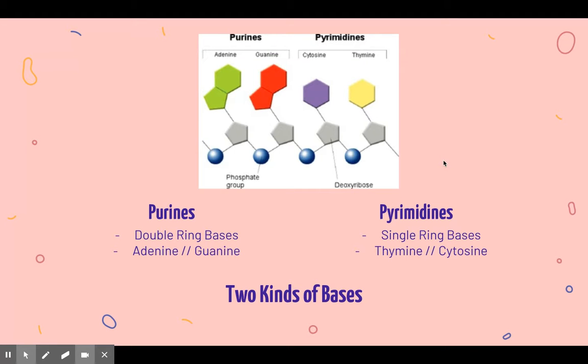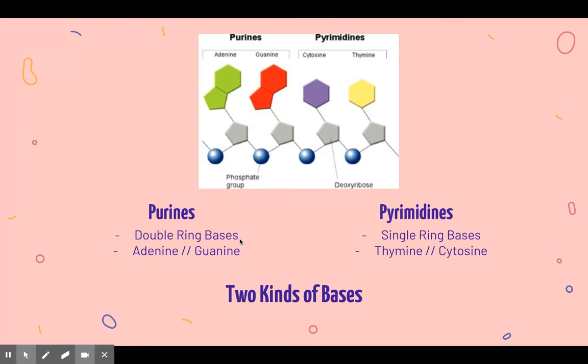Next, I want to talk about the two types of bases. We have 4 nitrogenous bases, but they are categorized into 2 kinds: purines and pyrimidines. I'll tell you the way that I remember which is which in a moment, but what you really need to know is how big the structure is. Purines are double-ringed bases.